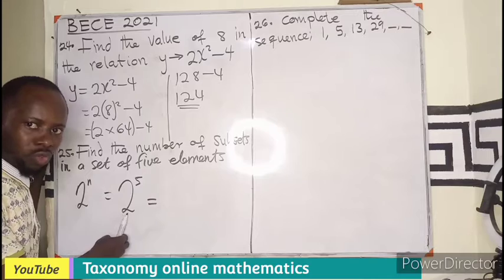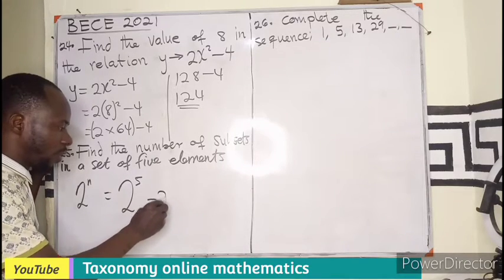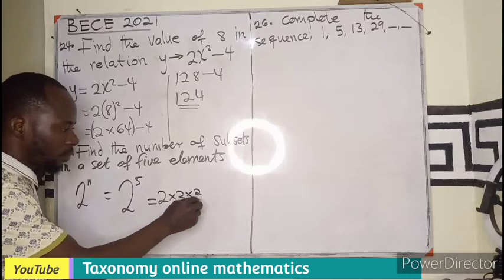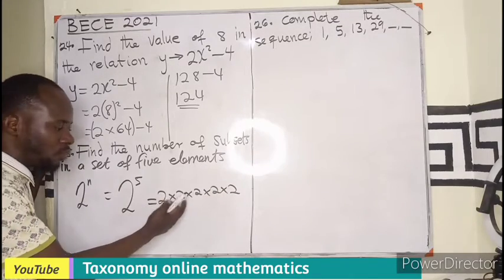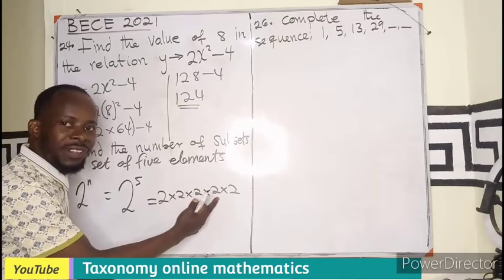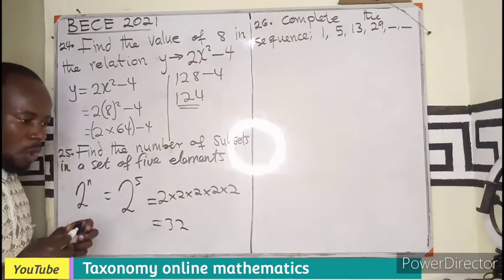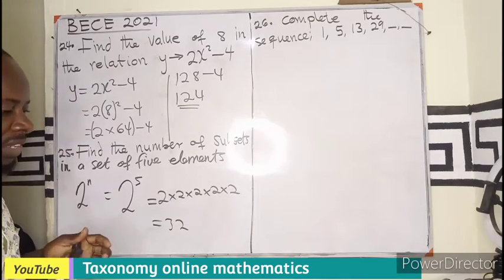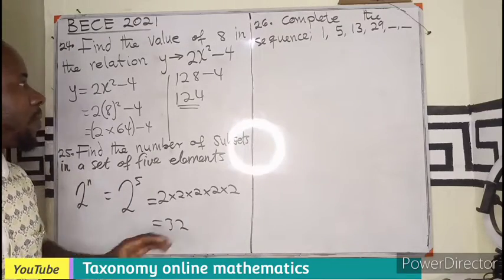We know this is not 2 times 5 to be 10, but this is going to be 2 times 2, 5 times. 2 times 2 is 4, times 2 is 8, times 2 is 16, times 2 that will be 32. So on the possible answers, your answer will just be B, 32, as your final answer.